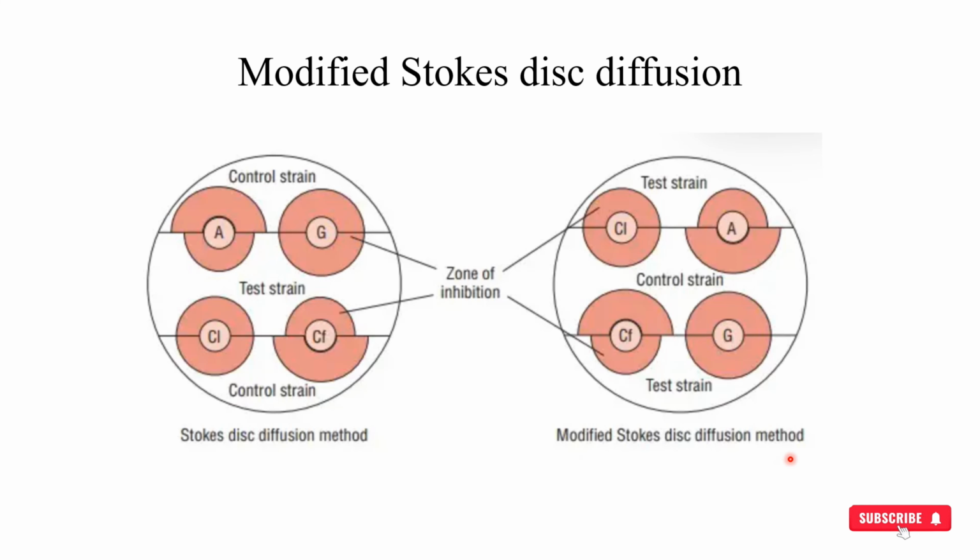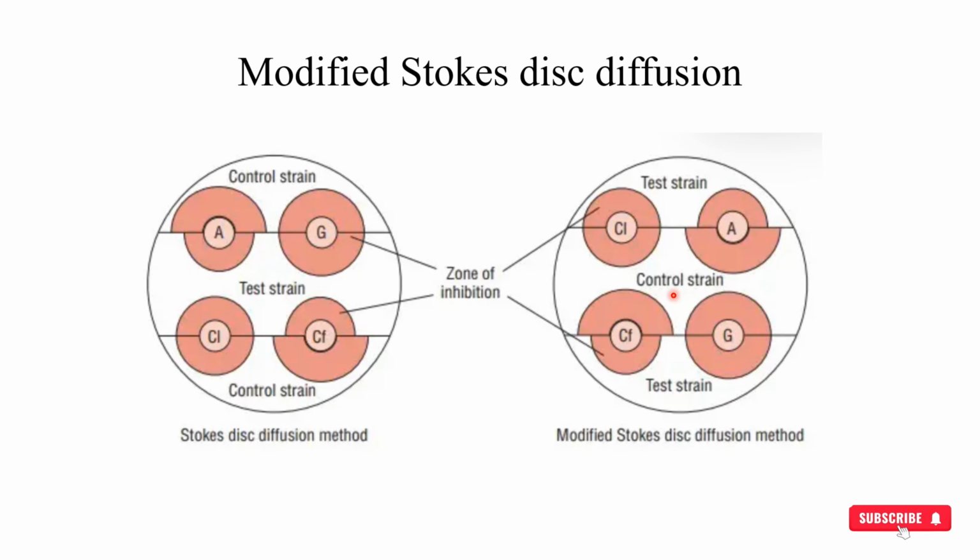In the stock diffusion method, we have one more method, that is the modified stock disk diffusion method. Here we have only one difference. We already said that the Mueller-Hinton agar is divided into three parts. In the stock disk diffusion method, in the center portion we lawn culture the test strain, and in the first and third parts we add the control strain.